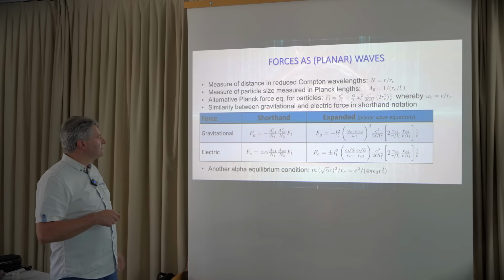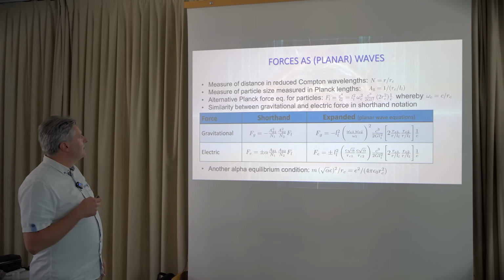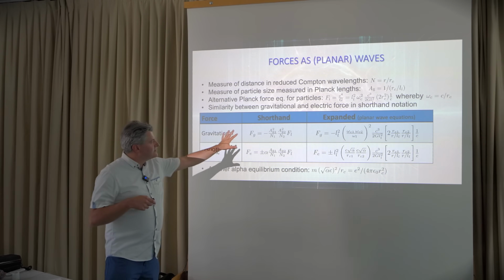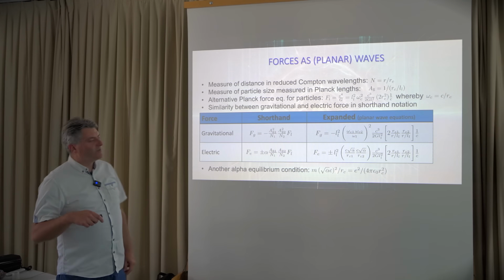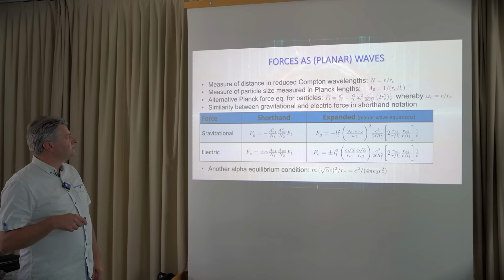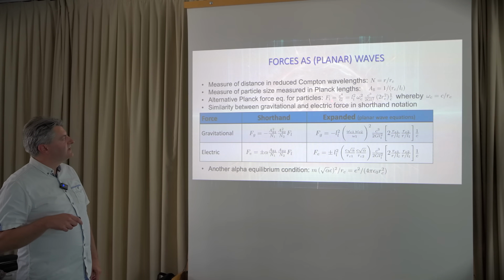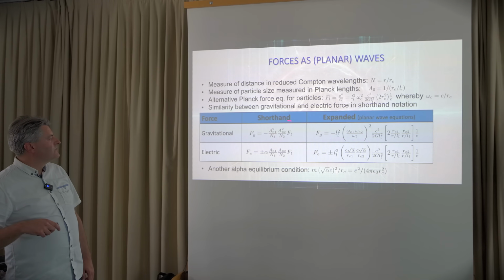But still, in this notation, they are quite similar. Starting from that, it's also possible to go to planar wave equations. This is possible because the Planck force, which is c to the power of 4 divided by G, can also be written as a planar wave equation. And this enables you to go from this to this.